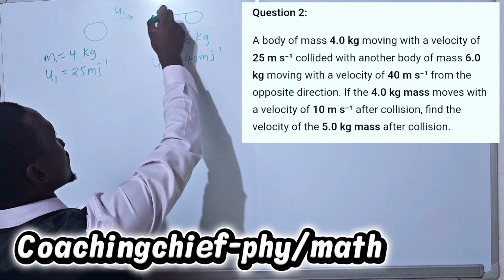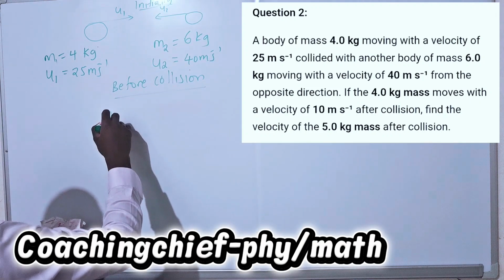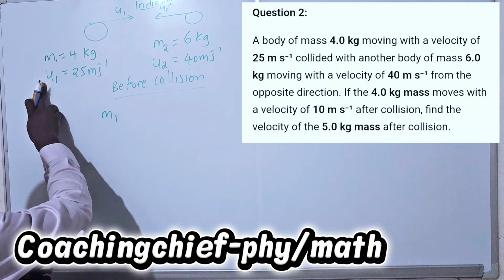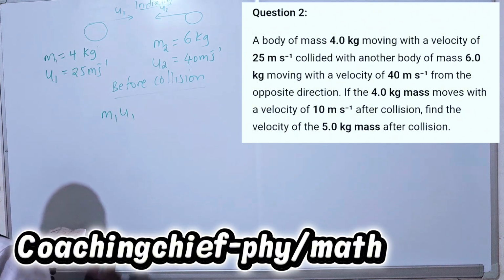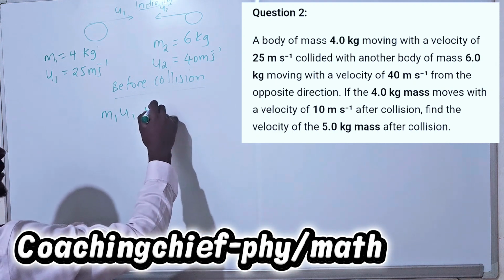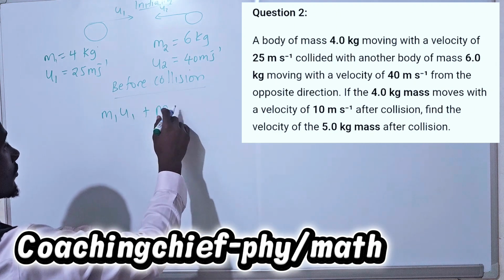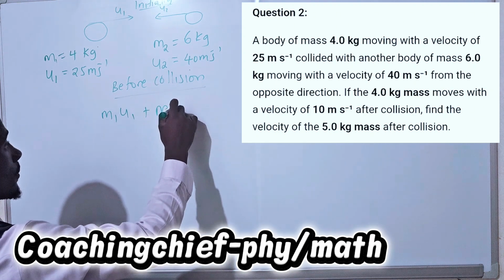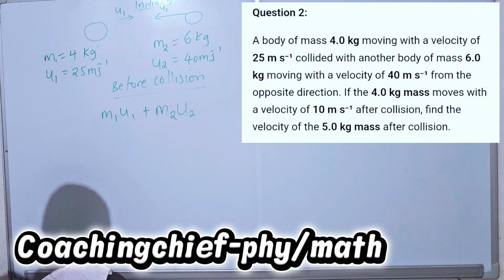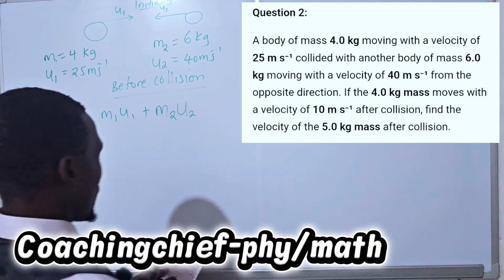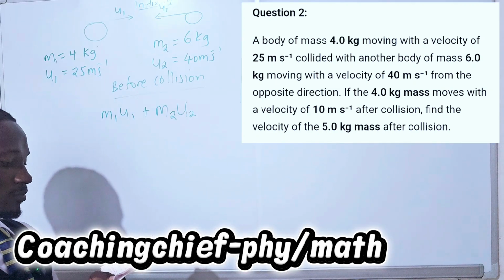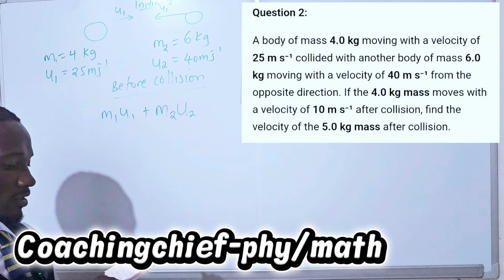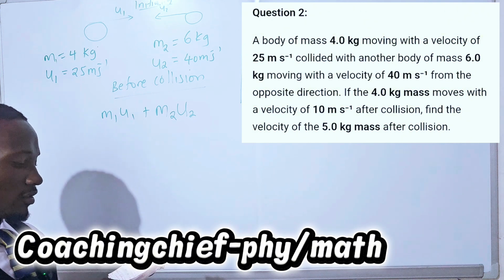So these two bodies, when you get the momentum of body 1, the mass of body 1 times its initial velocity plus the momentum, the mass of body 2 and the initial velocity of body 2, that is the total initial momentum. After collision, if 4.0 kgs moves with a velocity of 10 meters after collision, find a velocity of 5.